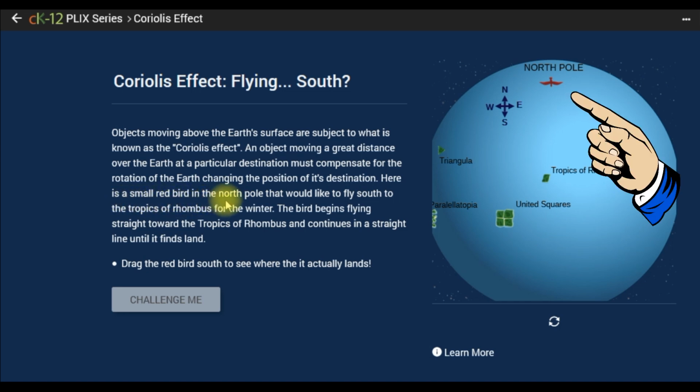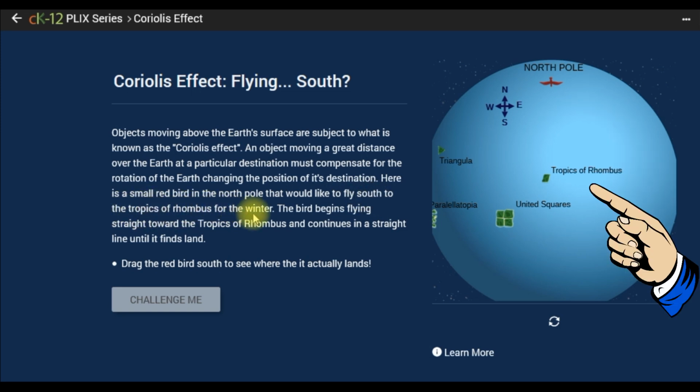Here is a small red bird in the North Pole that would like to fly south to the tropics of Rhombus for the winter. The bird begins flying straight towards the tropics of Rhombus and continues in a straight line until it finds land. Drag the red bird south to see where the bird actually lands. So let's look at this globe.